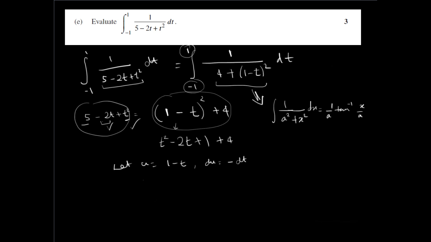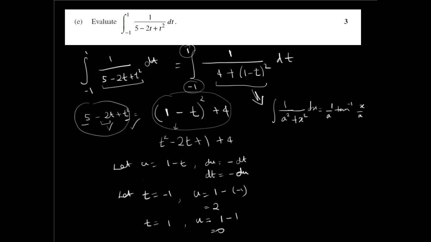Okay, so du equals minus dt, and so dt also equals negative du. It's really important. Let t equal negative 1. I'm going to calculate the limits in terms of u. So when t is negative 1, u is 1 minus negative 1, which is 2. And when t is 1, u is 1 minus 1, which is 0.